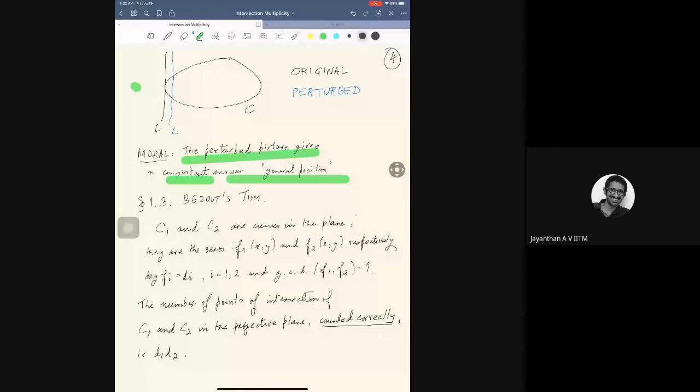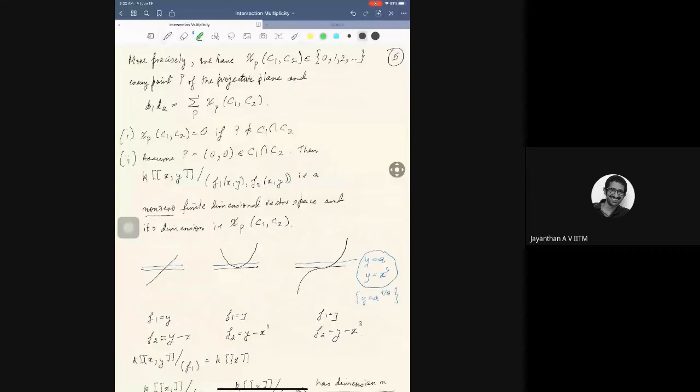The degrees of the equations are D1 and D2, and the number of points of intersection counted correctly is D1 D2. So that's the statement of Bézout's theorem, which is of course meaningless unless one explains what the phrase counted correctly means.